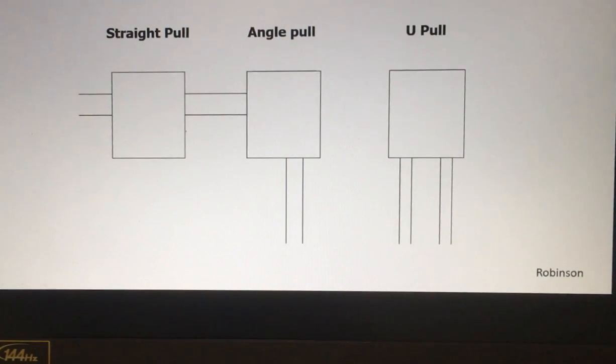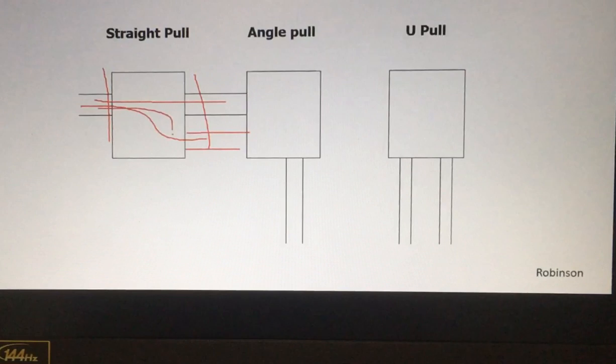So for example, if I had a conduit down here, and I was pulling wire like this, that's still considered a straight pull because it enters one end of the box and exits the other. Even though this is a straighter pull, these are both considered straight pulls. Got it? Got it.